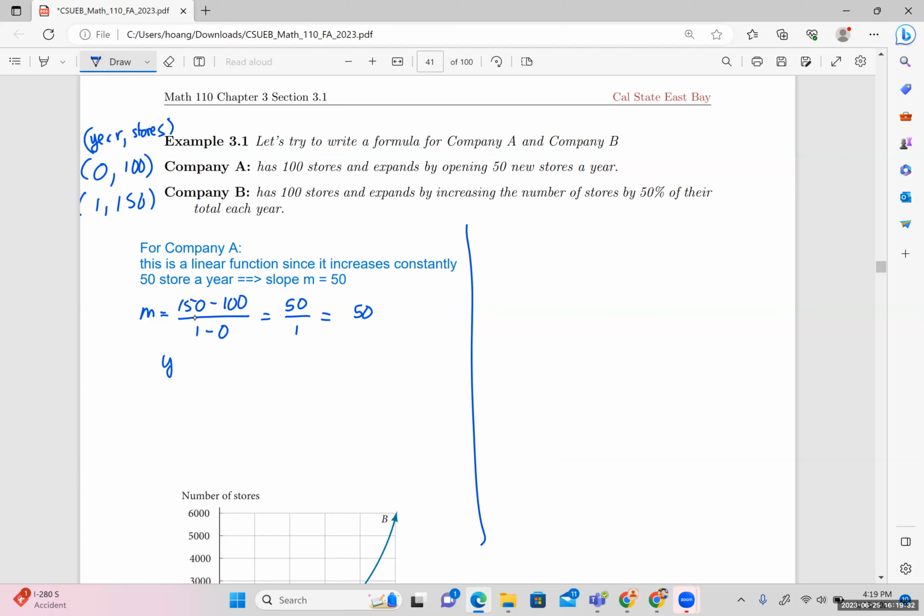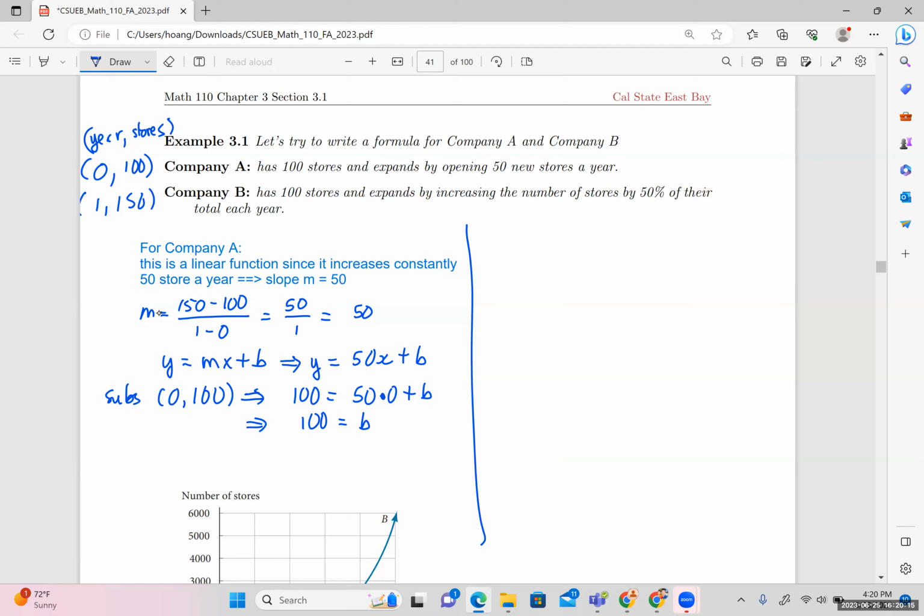Then we have y equal to mx plus b, right? Right now we're gonna have y equal to 50x plus b. What's b? Substitute a point. Let's choose point 0, 100. Into the equation, we're gonna have 100 equal to 50 times 0 plus b. So then you're gonna have 100 equal to b.